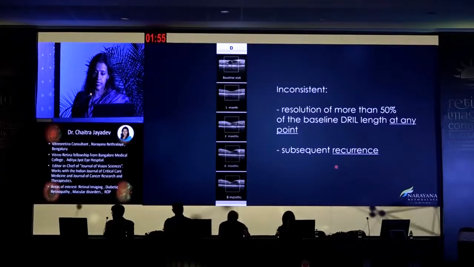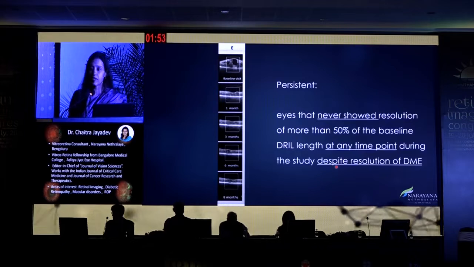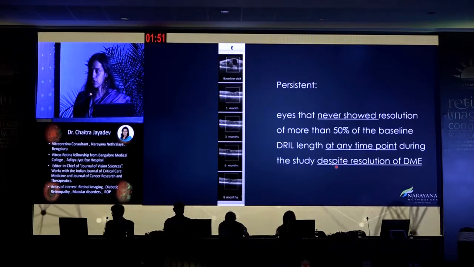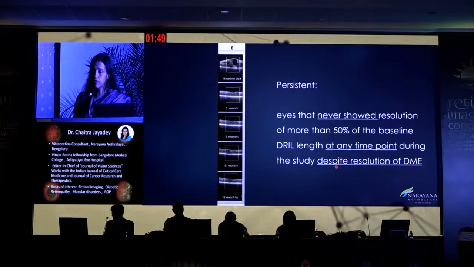With late resolvers, there was resolution in the third or fourth visit, and here again it remained stable or improved. And these were inconsistent ones, wherein the resolution was more than 50% at any point, but there was recurrence. And finally, the persistent ones in which they never showed any resolution of DRIL at any point of time despite the resolution of DME.